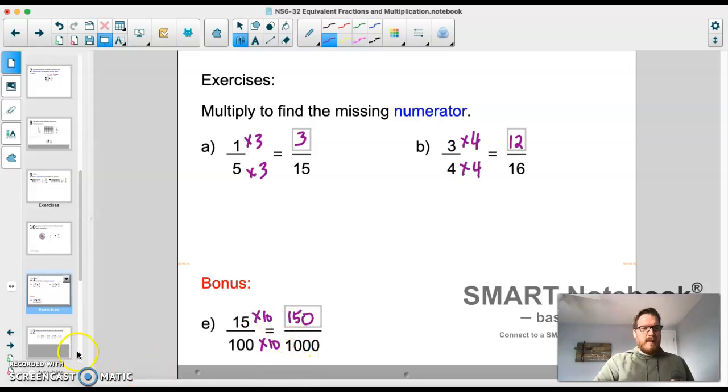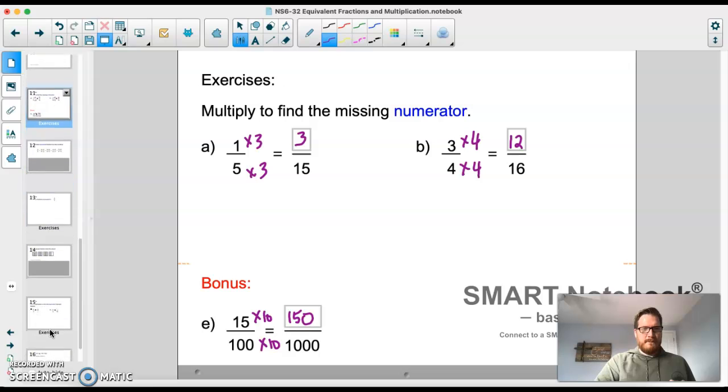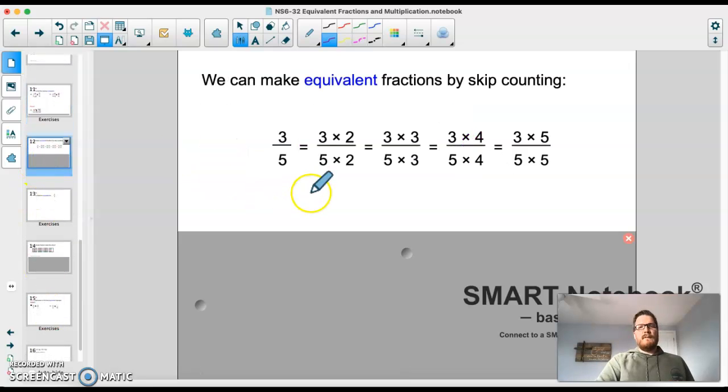All right, so then what we can do is look at some skip counting. Right, and so we can skip count to find equivalent fractions. And so this would be like 3 times 2, and then it's 3 times 3, 3 times 4, 3 times 5. And so that's 6, and that's 9, and that's 12, and that's 15.